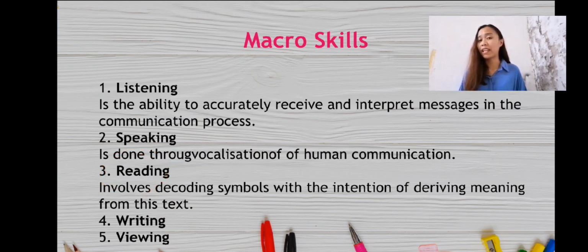Fourth is writing. It has the ability to help students write a word correctly. In this approach, learners can learn and determine the proper usage of grammar and construction of sentences or paragraphs. Lastly, viewing. The learners here are more on visualizing something or anything.